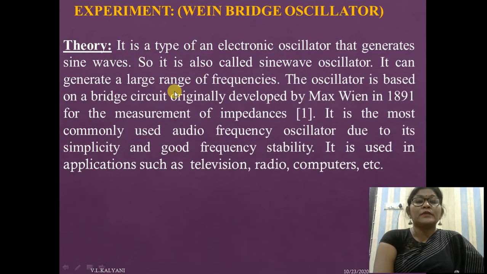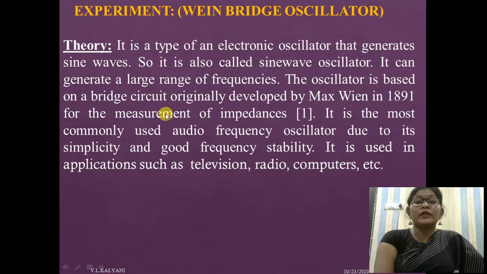As we have already discussed the theory of the Wien bridge oscillator, as you know, this Wien bridge oscillator is also an audio frequency oscillator, and it is also called the sine wave oscillator. It can generate a large range of frequencies.